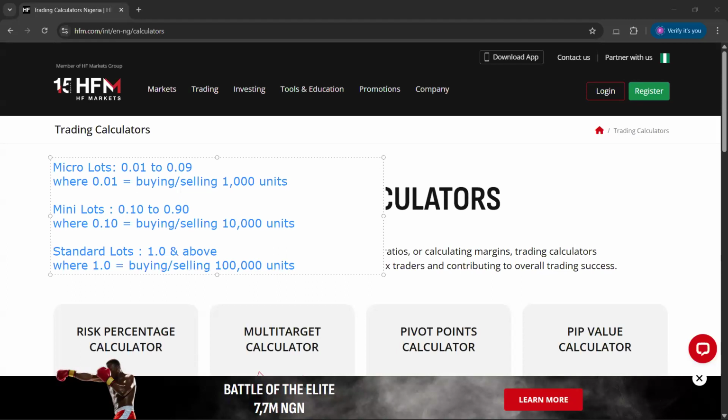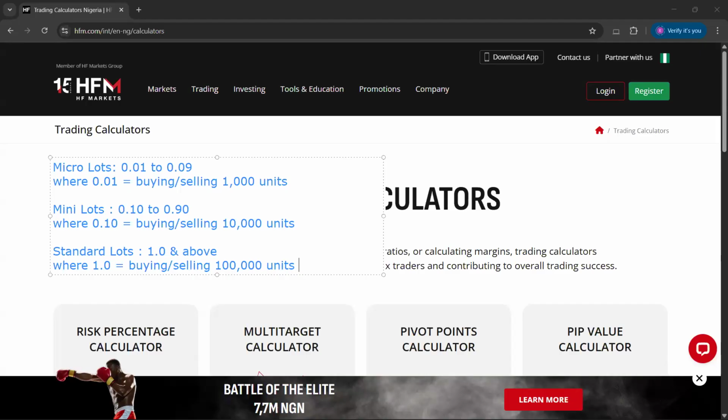Now, what we also need you to understand here is every one of these lot sizes is available for you to trade in the market, no doubt. You can trade 0.01 or 0.02 or 0.03 or 0.04, 0.05 to 0.09. You could trade 0.1, 0.2, 0.3, 0.4 to 0.9. You could trade 1.0 and above.